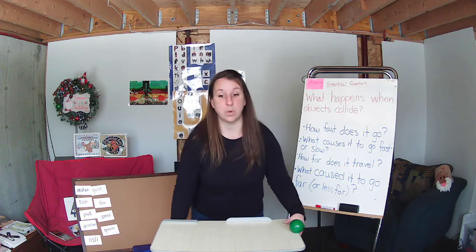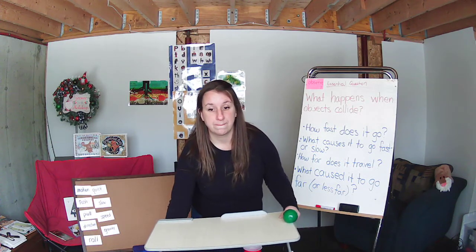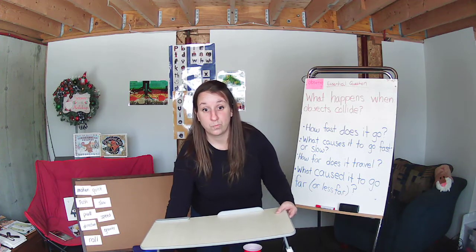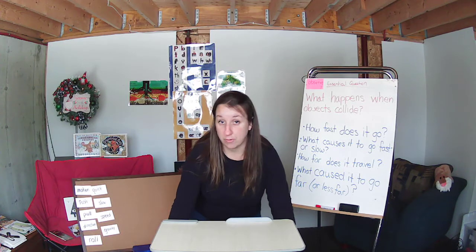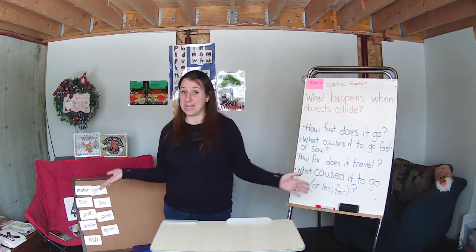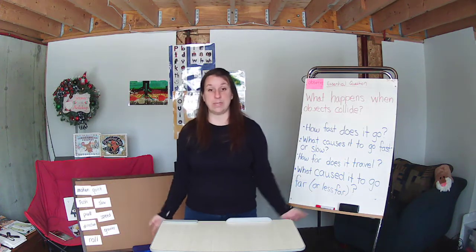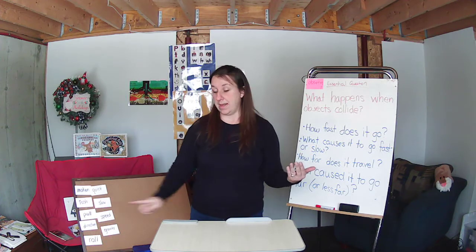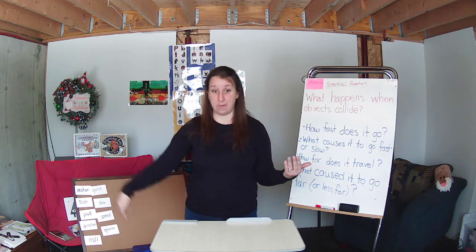I can make my slope go, I don't want my table to fall. So I created a slope which activated gravity to grab hold of that ball and pull it. I didn't touch it. I didn't push it. I didn't blow on it. All I did was create a slope, and that ball went. It rolled, and now it's on the floor.